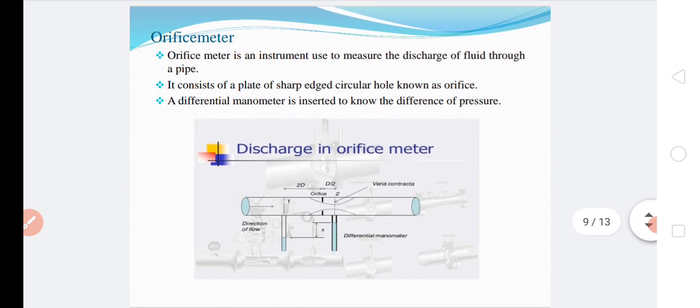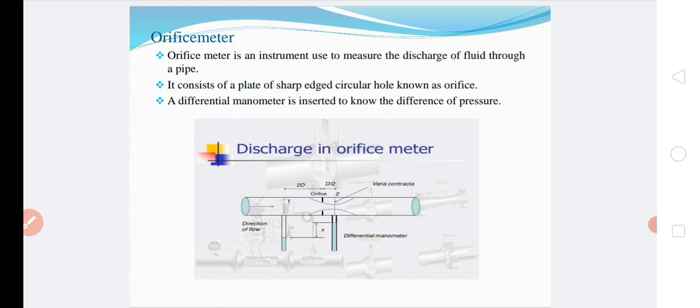Now, we come to the next topic, orifice meter. What is an orifice meter? An orifice meter is an instrument used to measure the discharge of a fluid through a pipe. It has the same function as a venturimeter.